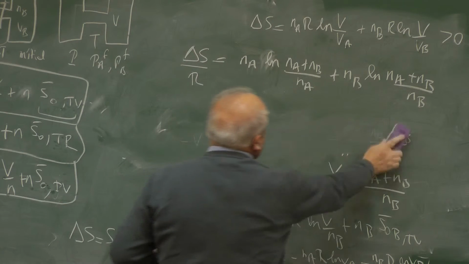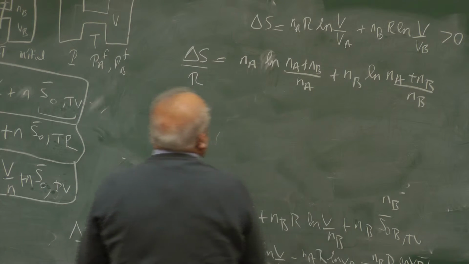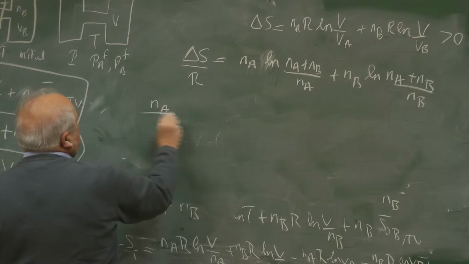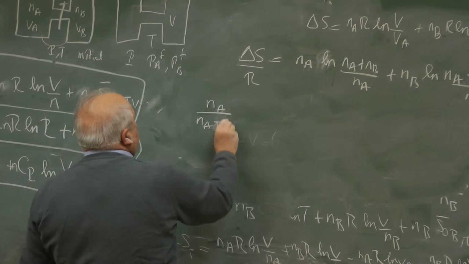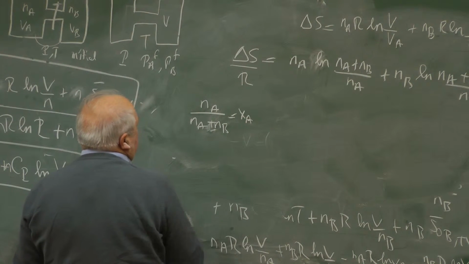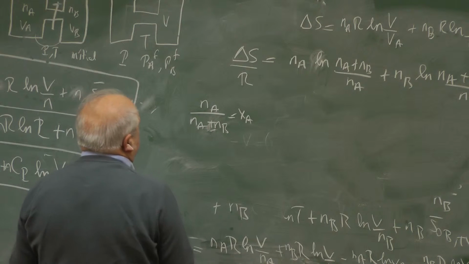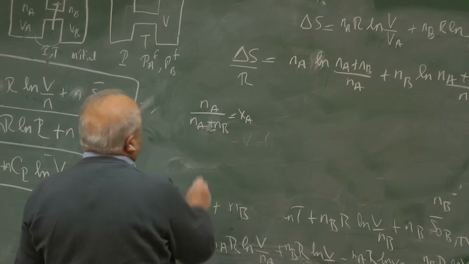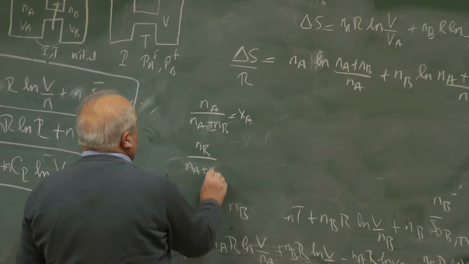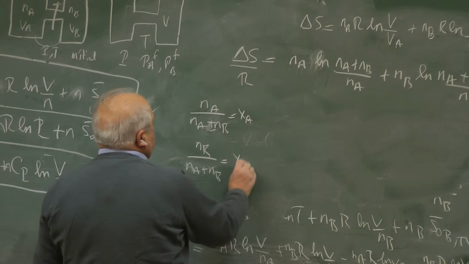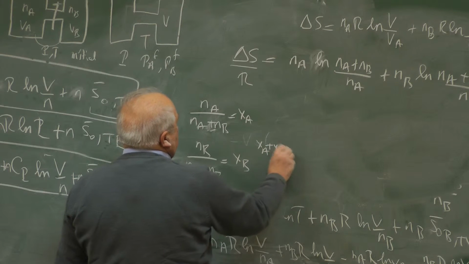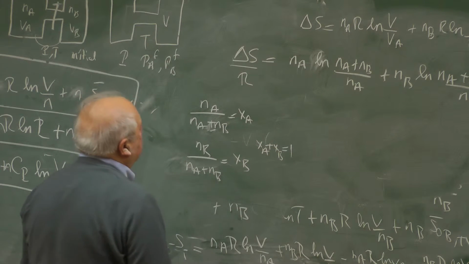We can also write it this way. NA over NA plus NB is the concentration of A, that is XA, and NB over NA plus NB is equal to XB, with of course XA plus XB equal to 1.